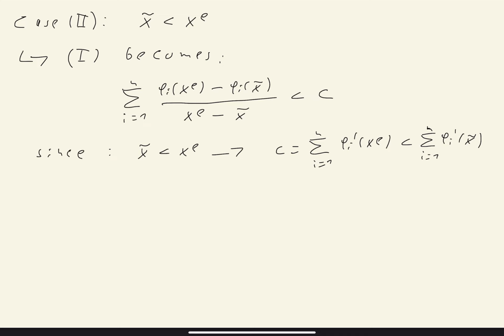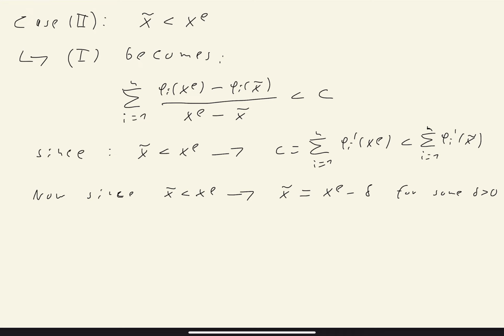And since x tilde is smaller than xe, x tilde must be equal to xe minus delta for some delta which is strictly larger than 0.